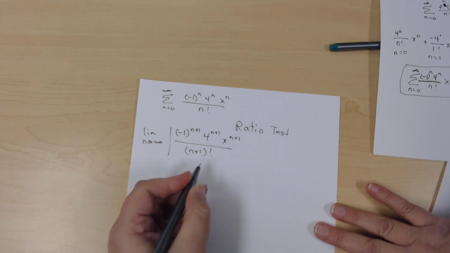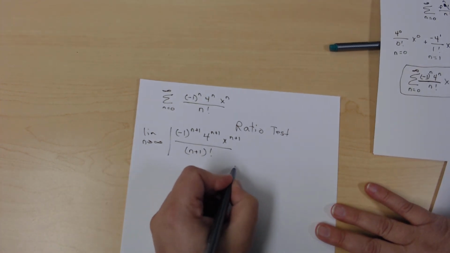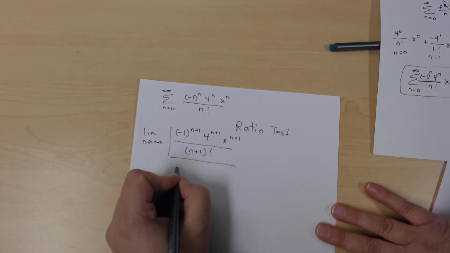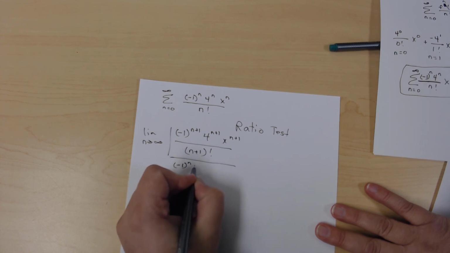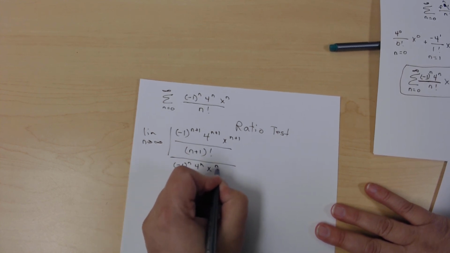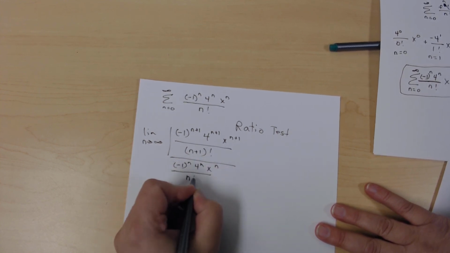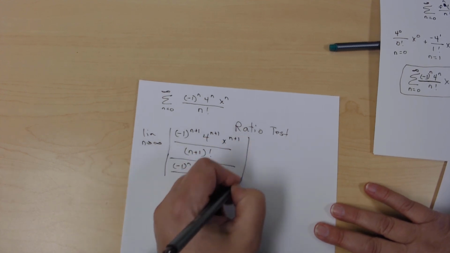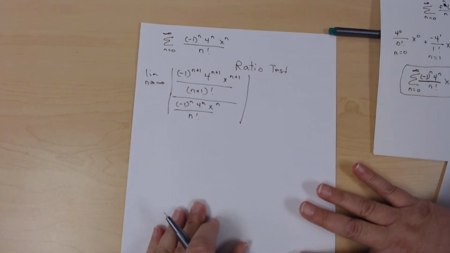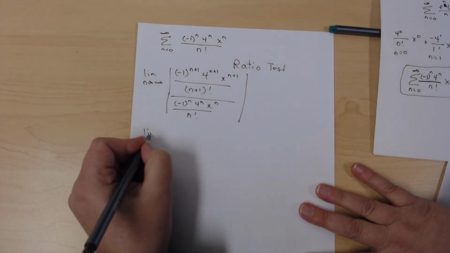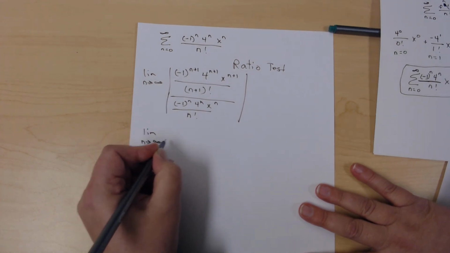Okay, and then divided by the n term. And then remember, what do we do instead of dividing? Multiply by the reciprocal.